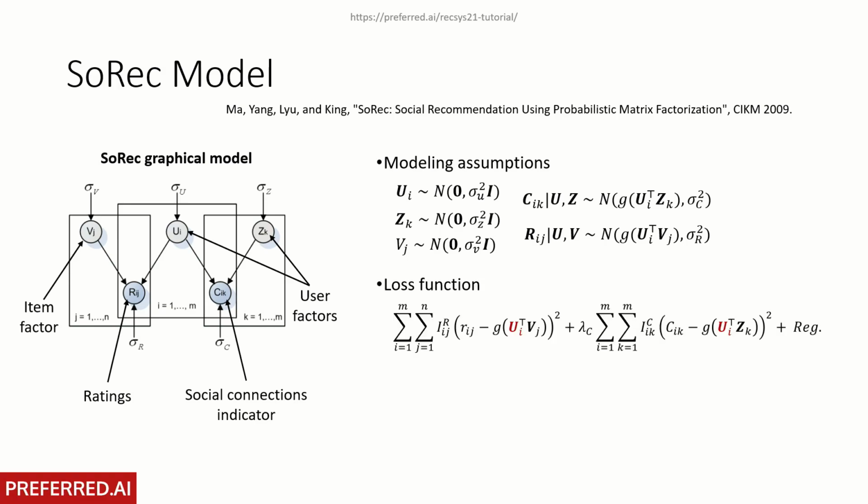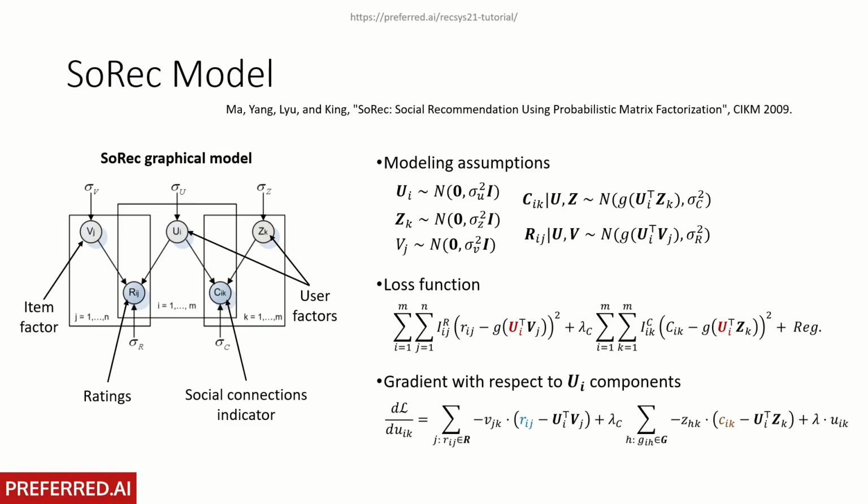If we want to see how this user representation U gets affected by the two signals, we can take a look at the loss function and the gradient with respect to this user embedding U. We can see in this gradient, which we will use to update and learn this factor, that two pieces of information appear here. One is R_ij, which is the rating part, and the other one is C_ik, which comes from the social network. So this is a pretty good example that reflects this type of feature-based method.